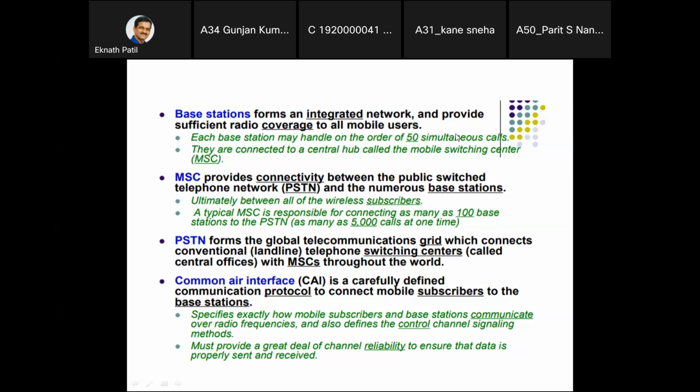Common air interface, because whatever the transmitted signal is, it goes through the medium, and that medium is the air medium, and that's why it is known as the common air interface. It specifies exactly how mobile subscribers and the base stations communicate over radio frequencies, and also defines the control channel signaling methods. These must provide a great deal of channel reliability to ensure that the data is properly sent and received.